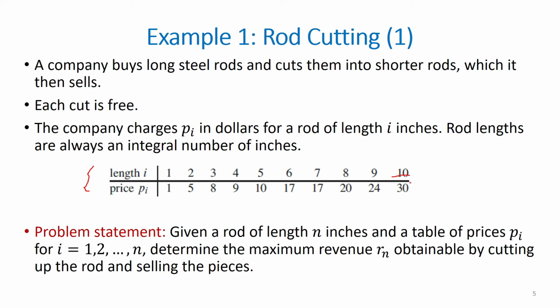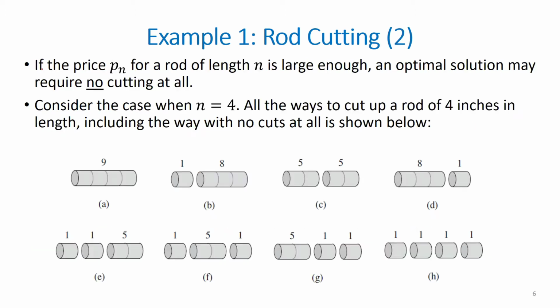So a rod of length 1 inch would cost $1, a 2-inch rod would sell for $5, and so on. In this problem, the task of cutting a rod of length n into smaller pieces is free, and the length of each rod or piece of it is assumed to be an integer value.